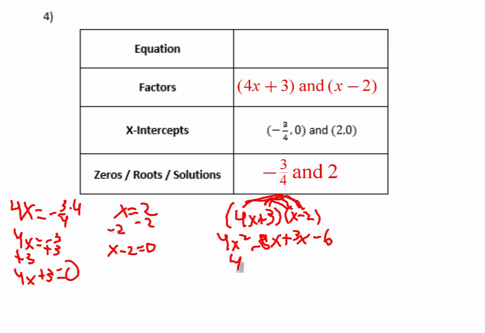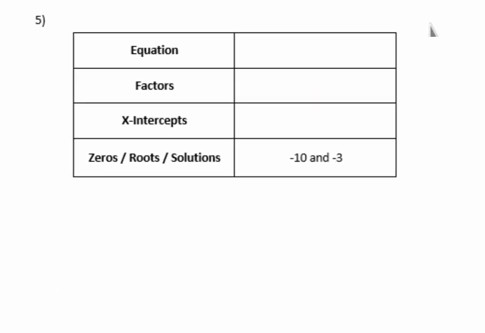Combine your like terms. Negative 8 plus 3 is negative 5, so minus 5x. This is minus 6. Make sure I put my y out in front of that. So my equation ends up being y equals 4x squared minus 5x minus 6. So if we're given the x-intercepts, our first step should be our roots and solutions, then our factors, then our equation.